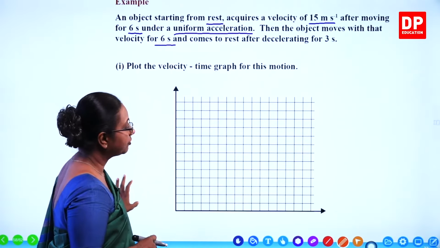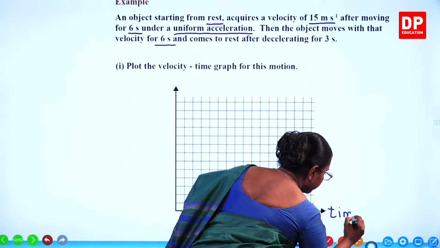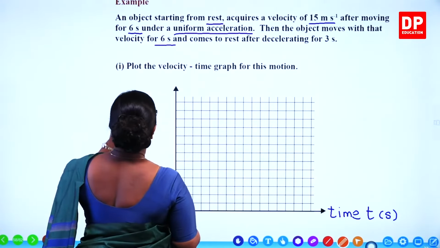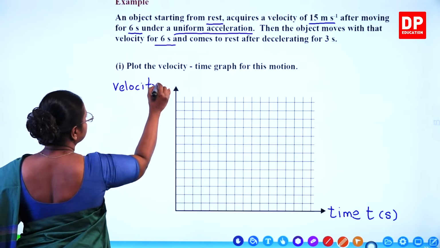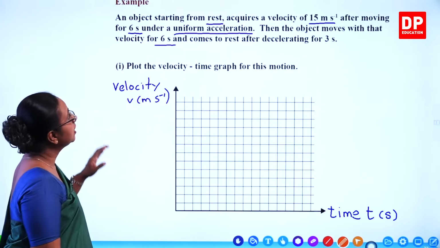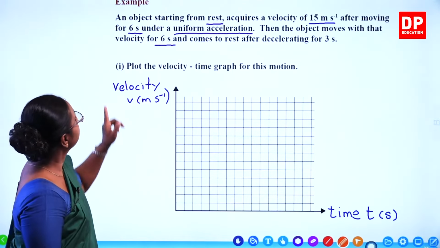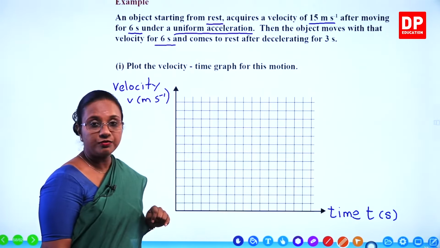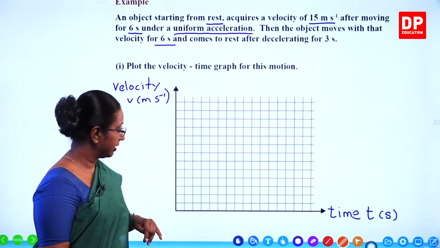So first, we will have to label the axis. The x-axis is time, t seconds, and the y-axis is velocity, v meters per second, and then we will have to write the values. When we mark the time, initially it moves for 6 seconds, then another 6 seconds with uniform velocity, and finally 3 seconds for deceleration.